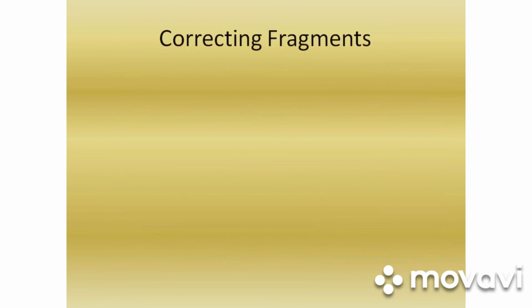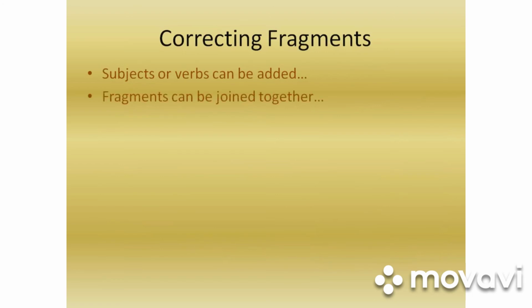Now, how do we correct these fragments? Similar methods: subjects or verbs can be added. We are saying that there is no subject or no verb, so to fix fragments we can add a subject or verb. Fragments can also be joined together. If there are two or three fragments, we can join them together.